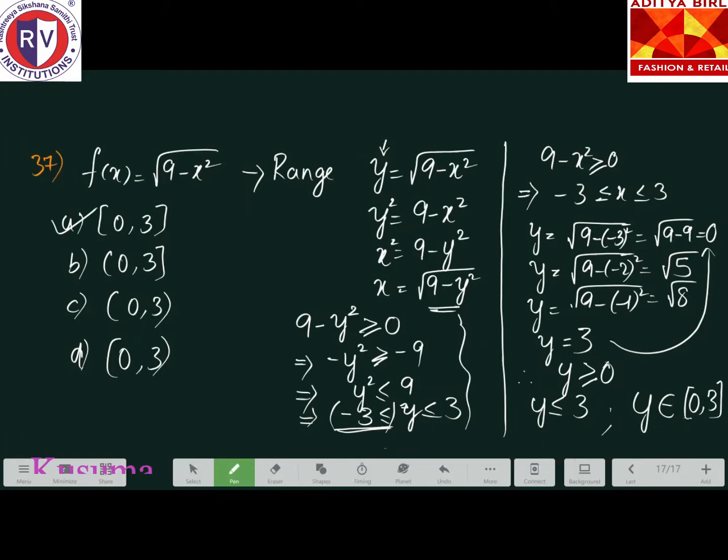So let us see the next question. Look at question number 40. This was a question in the year 2018. A set is having 6 distinct elements.